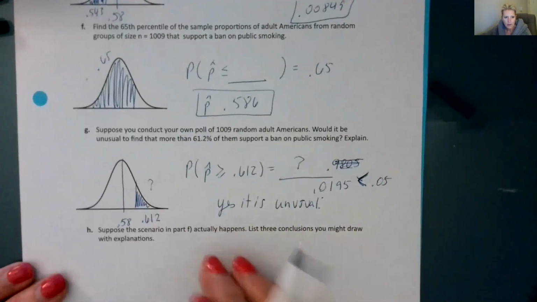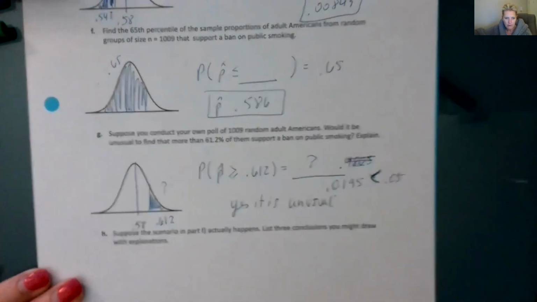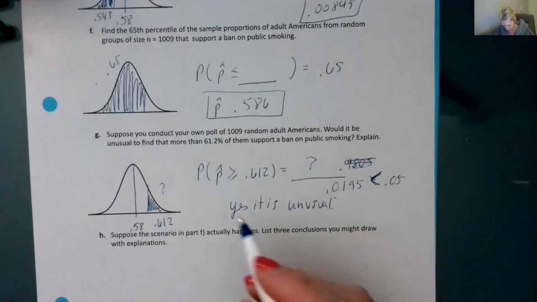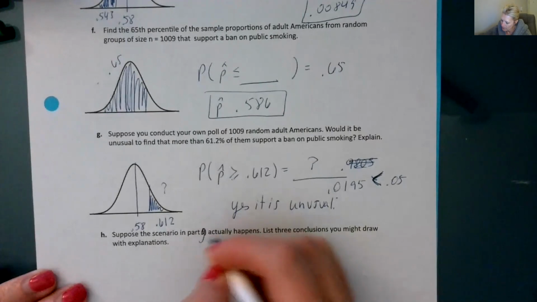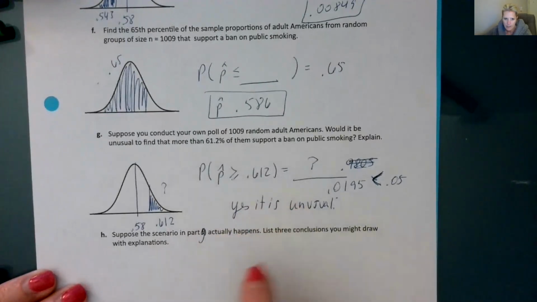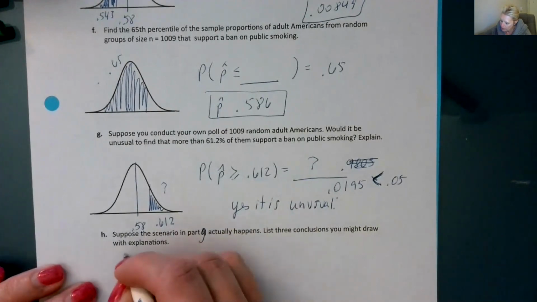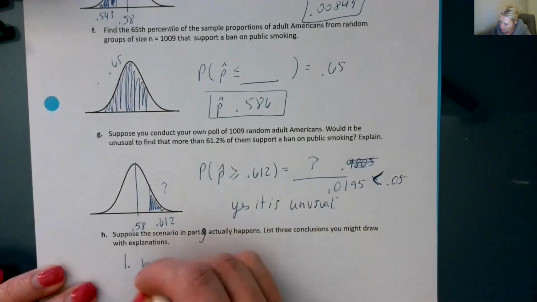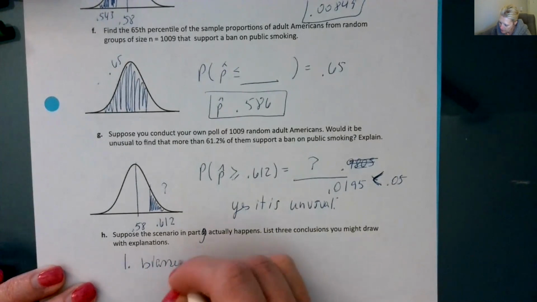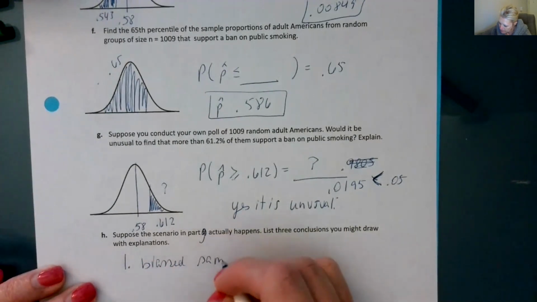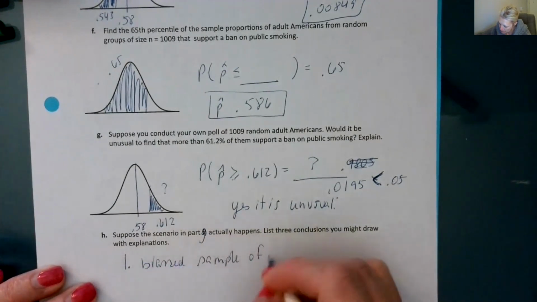Suppose the scenario in part F, actually, part G actually happens. We're talking about this one right here. Suppose this actually happens. List 3 conclusions you might draw with explanations. So the first would be, we had a biased sample of people.